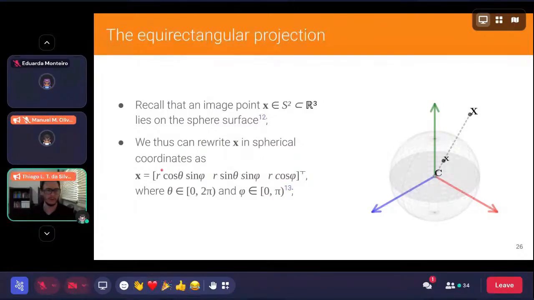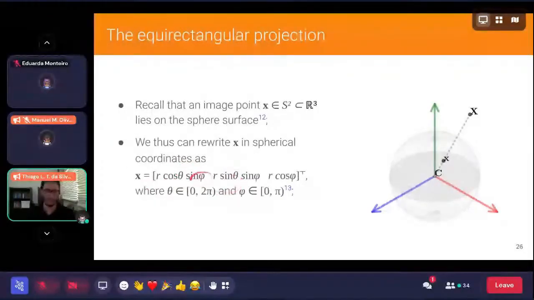So instead of using Cartesian coordinates like x, y, and z axis, we can rewrite this point as this equation here.